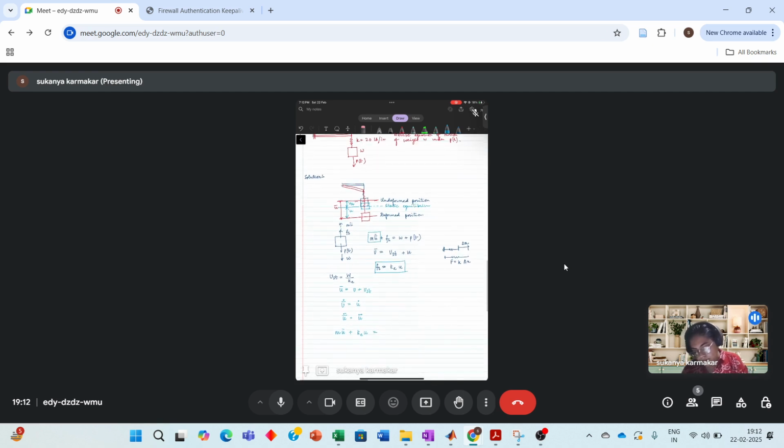Now this weight W will come into picture, fine. And we will have PT.